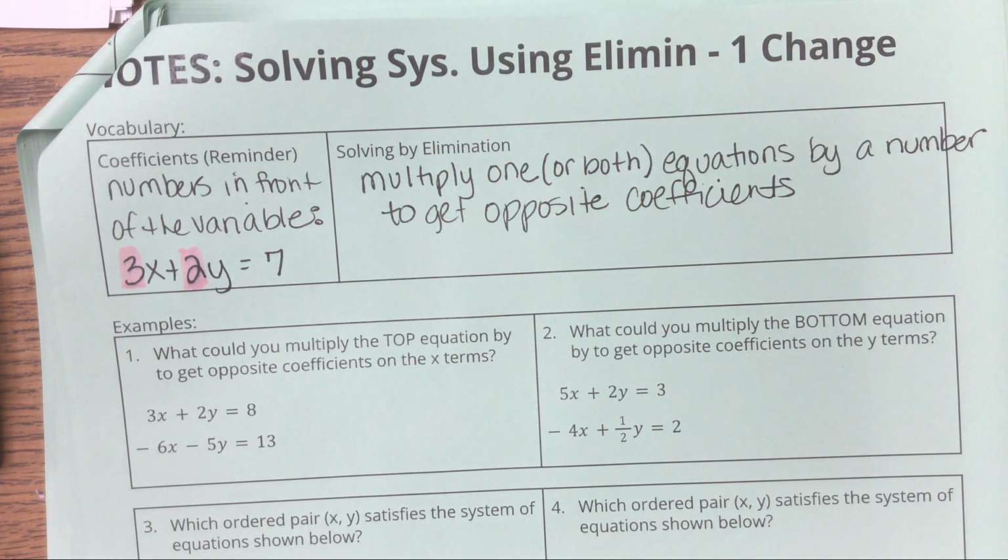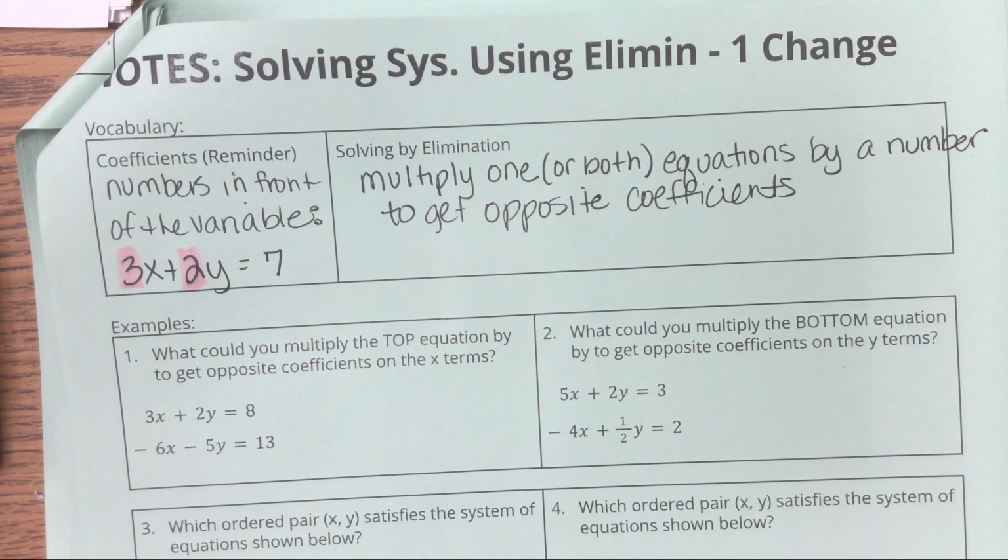So we're going to multiply one of our equations by a number to get opposite coefficients with the equation below.